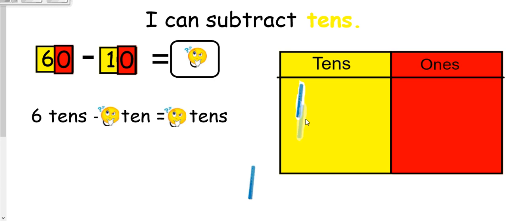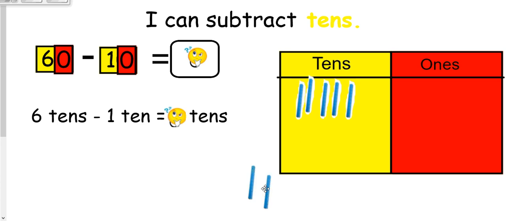1 10, 2 tens, 3 tens, 4 tens, 5 tens, 6 tens. We've got 6 tens, and this minus sign is asking us to take away or break away 1 10. Let's do that on our chart. We have 6 tens minus 1 10.